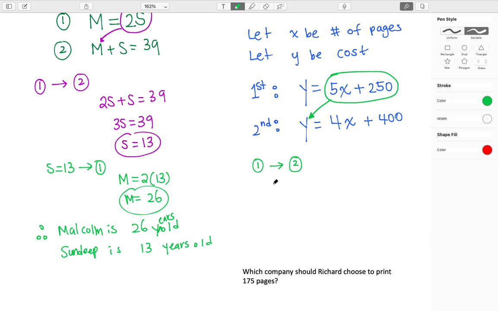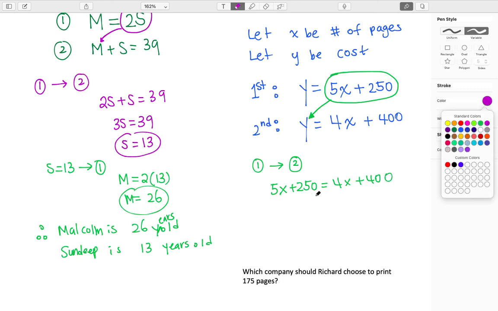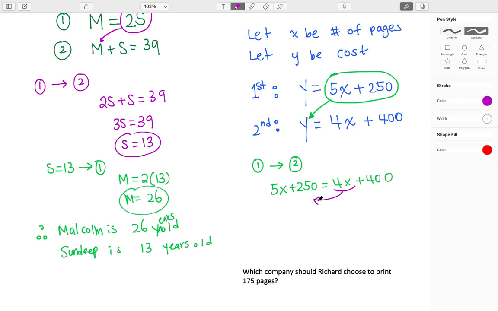Instead of writing y, 5x plus 250 equals 4x plus 400. I'm going to collect like terms, so I'm going to bring 4x to the left side and positive 250 to the right side. X is equal to 150.